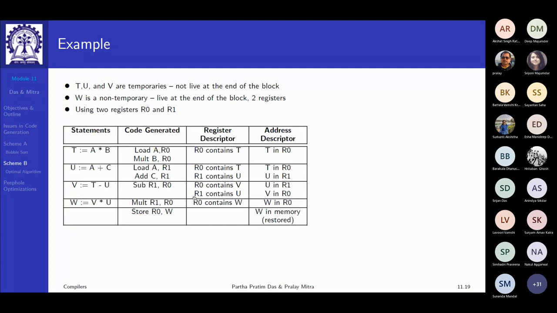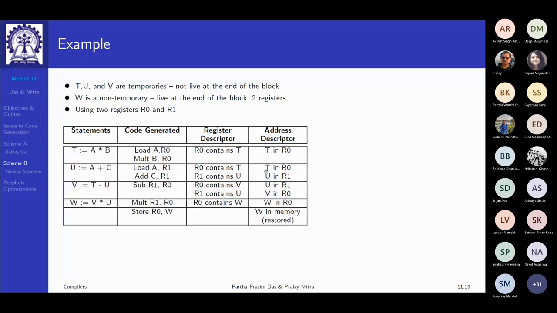Now you have V assigned T minus U. So as you do that, you go to get reg, and what does get reg tell you? Get reg tells you that T is in R0. It is in a register. So by condition 1, you will return that register because T is temporary. It is not live. After this, it has no next use.